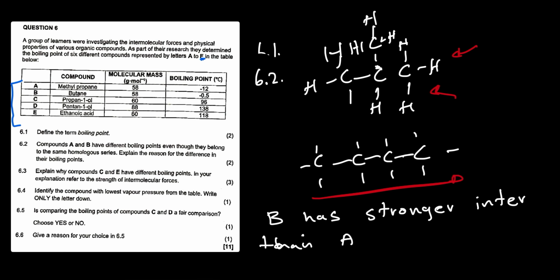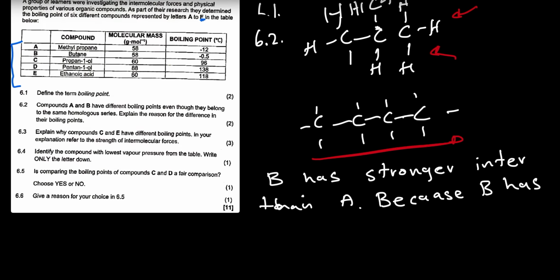A. Why? Because B has a larger or bigger surface area. You can just say it has a big or a larger surface area.